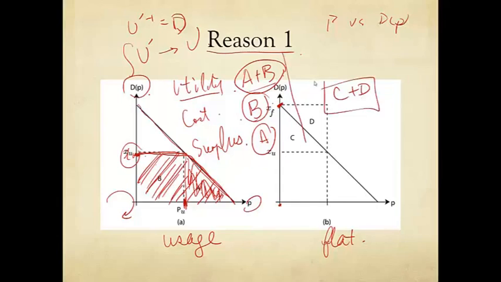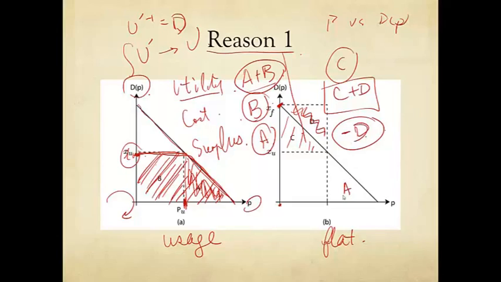This extra cost is C plus D area. The extra utility you achieve, however, is only area C. So the negative surplus is area D. This is negative surplus. And in fact, you can have enough negative surplus so D can be so big that it overwhelms A. So D can be bigger than area A here.